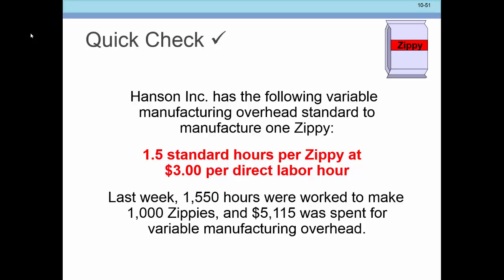The actual hours are going to be 1,550 times the standard rate minus actual rate. Standard rate is $3. Actual rate is, set it up for me. Are we in agreement that the standard rate is $3? Yes. Okay, so I have to put the standard first, right?